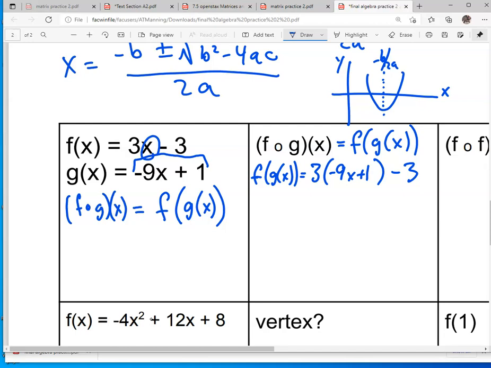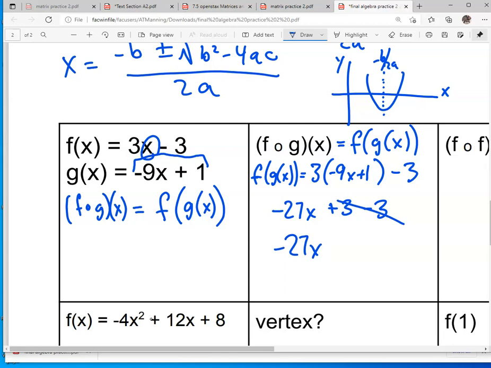And now it's just a matter of multiplying things out. 3 times negative 9 makes negative 27x, plus 3 times 1, minus 3. And those cancel out, so I get negative 27x.